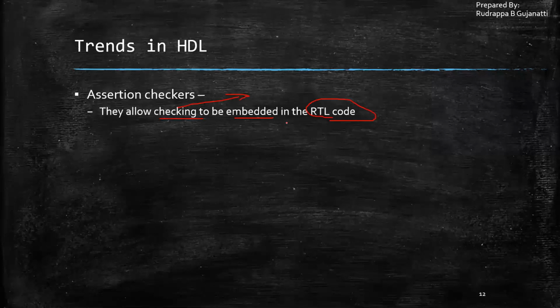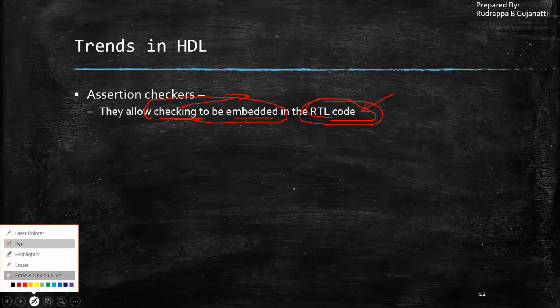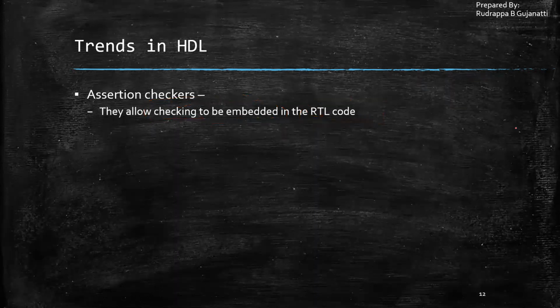Instead of verifying at the very late end, can I obtain the verification at the RTL level, that is, at the very initial stage? If I'm able to rectify or identify any problems at the RTL level itself, then later it will reduce my work in the next stages. So that is what I try to do. Assertion checkers basically help us do these things.